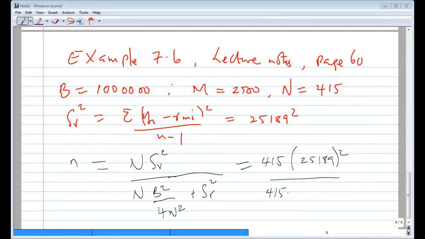Then a bound of a million. Then you square it. Then you divide it by what? By 4 times 415. Then you add what? Sample variance 25189. Then you square it.